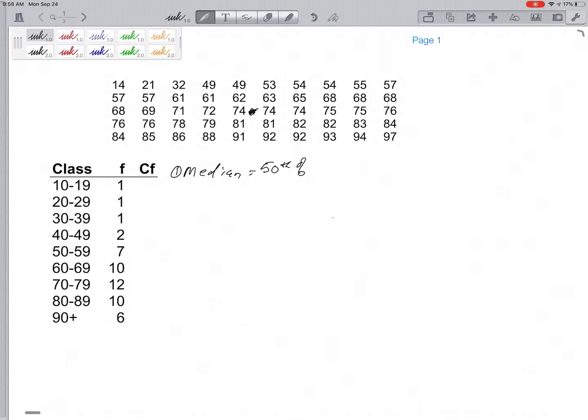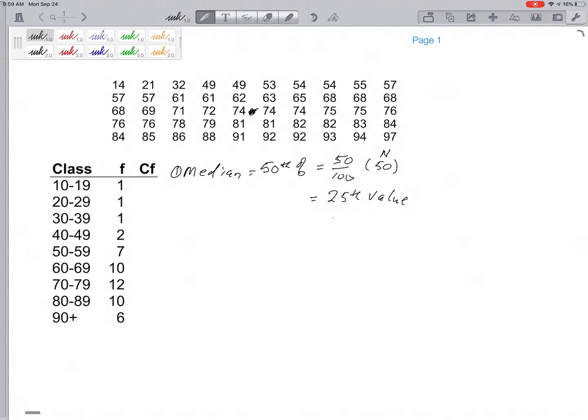We can use this procedure for any percentile. 35th percentile means that 35% of the values are lower than that particular number, and 65% are higher. So the median is at the halfway point, or the 50th percentile, and is found by this formula here: 50 over 100 times n, which in our particular case is also 50. That's the number of values in our data set. And that turns out to be equal to the 25.5 value.